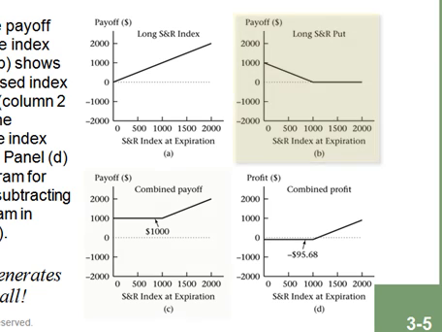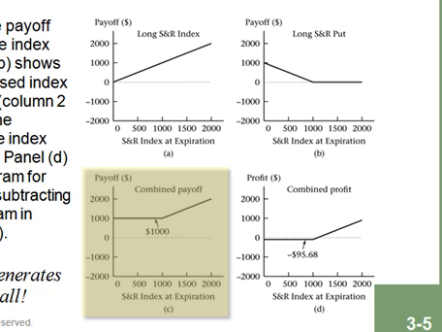In panel C, what we see is the value of the combined position, and we see that the total payoff can never be less than $1,000. And that's why we call this a floor, whenever we combine a long position in the underlying asset with a long position in the put option. It puts a floor of $1,000 in this case on the value of the combined position.